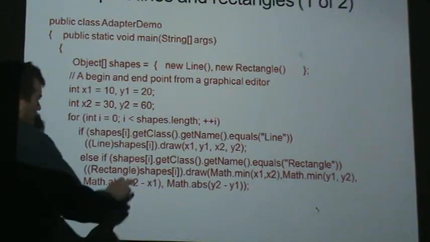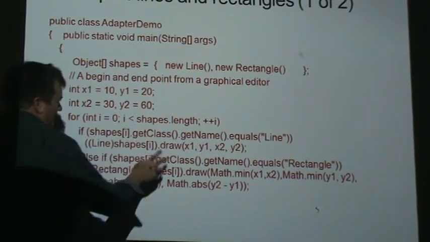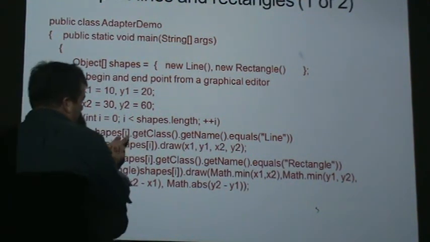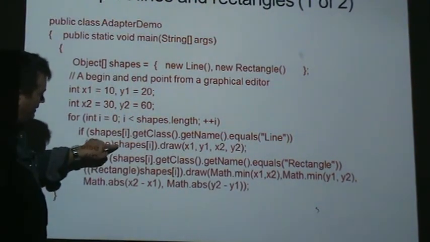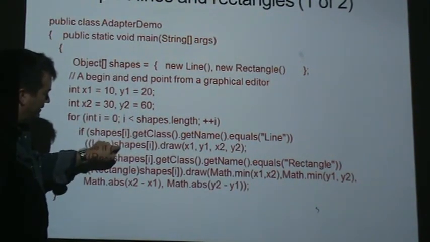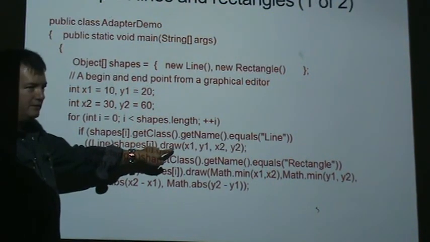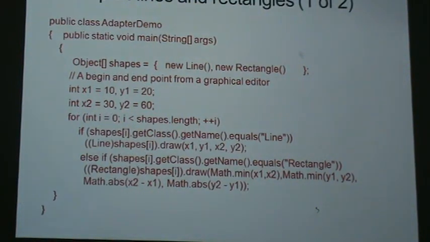So what we could do is call the get class method for the shape, so we know what type of class it is. Then we'd say, if the class is a line, we would take the shape object, cast it to a line, and call its draw method, and then it would know to draw the line between the 2 points.